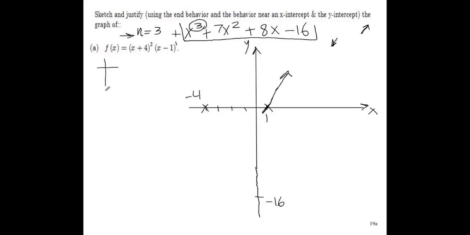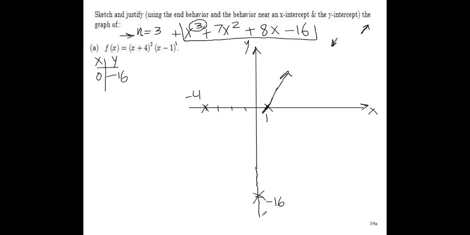If you let x equal to 0, we can easily find the y-intercept. That would be 4 squared times minus 1, so that gives me minus 16.